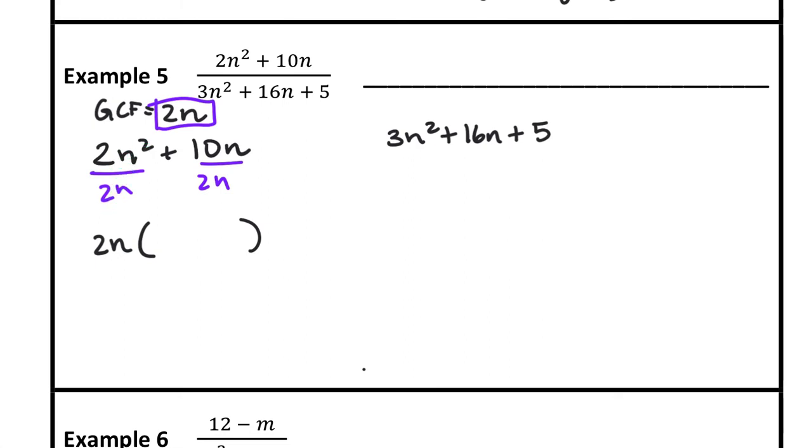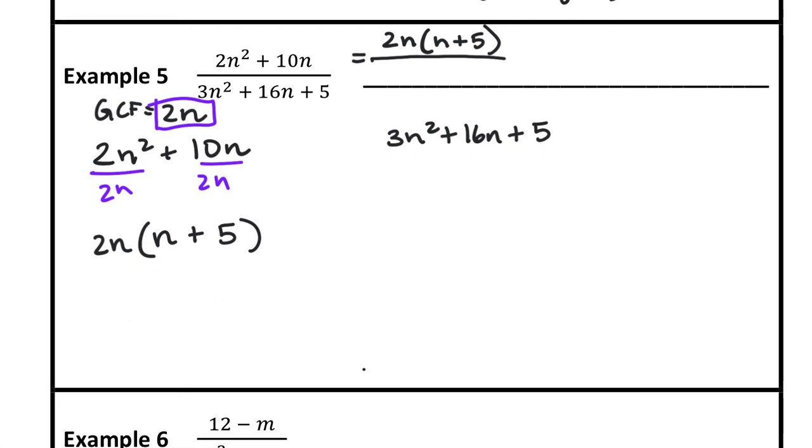N squared divided by n leaves me with n, plus 10 divided by 2 is 5, and n divided by n cancels. So over here, this is going to be equal to 2n times n plus 5 divided by, okay, so the top part, this 2n squared plus 10n, became this. So I'm going to write it out on top here. Now let's look at the bottom.